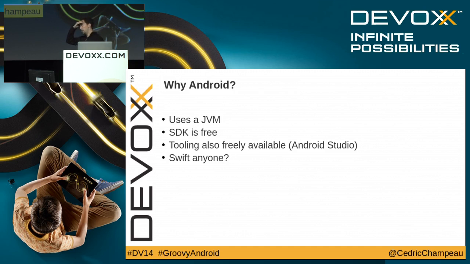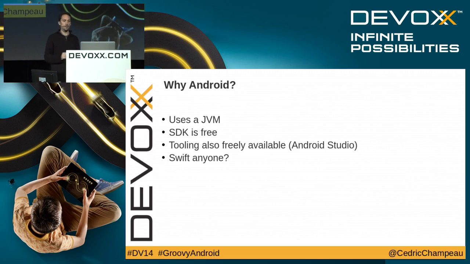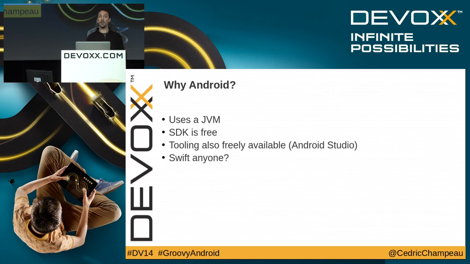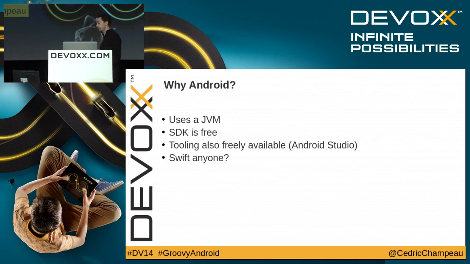If you have friends programming in Swift for iOS, you would see that the language is pretty close to what you have with Groovy. So there is no real reason for us to invest in having Groovy on iOS, because the language is pretty close. If you are a Groovy developer, you will know how to develop with Swift.